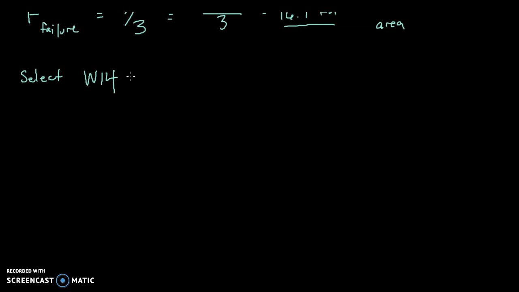So we're going to narrow our options to just a wide flange that has a depth of approximately 14 inches. Okay, so that's going to significantly reduce our options, and that'll help us out. That'll make this problem a little bit more efficient.